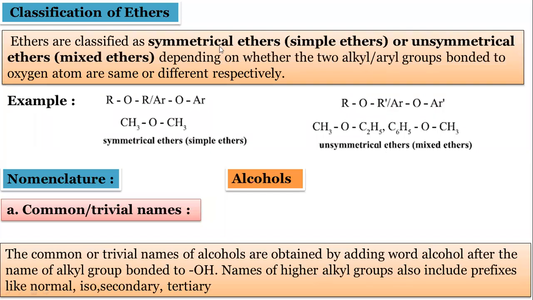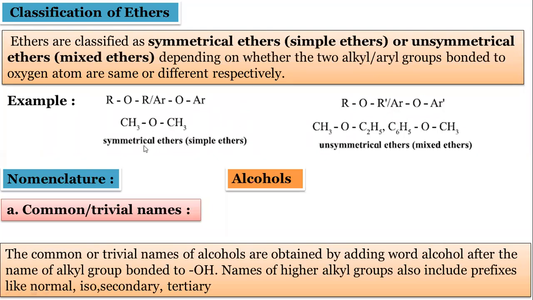See, it is clearly given here. Symmetrical means simple ethers or unsymmetrical means mixed ethers. As the name itself suggests, symmetrical means both the groups attached to the oxygen are the same. And in case of mixed ethers or unsymmetrical ethers, the groups are different. So depending upon the two alkyl groups bonded to the oxygen, the ethers can be classified as simple or mixed ethers.